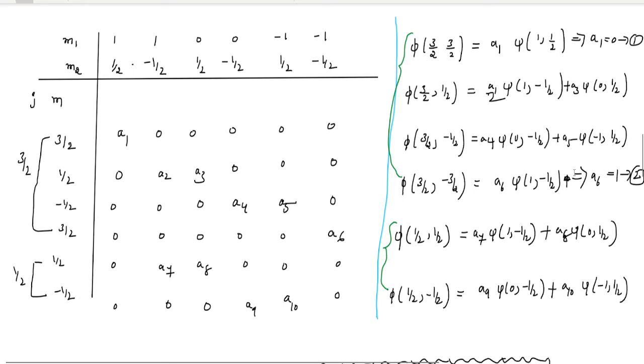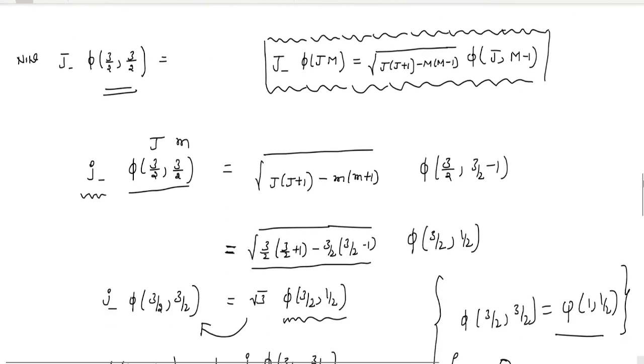Here I did one in terms of this one is minus. Okay, then only we can get here minus 3 divided by 2.